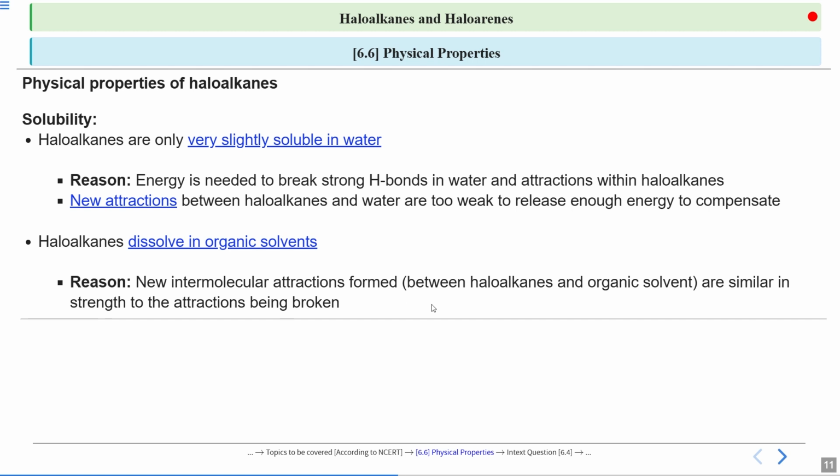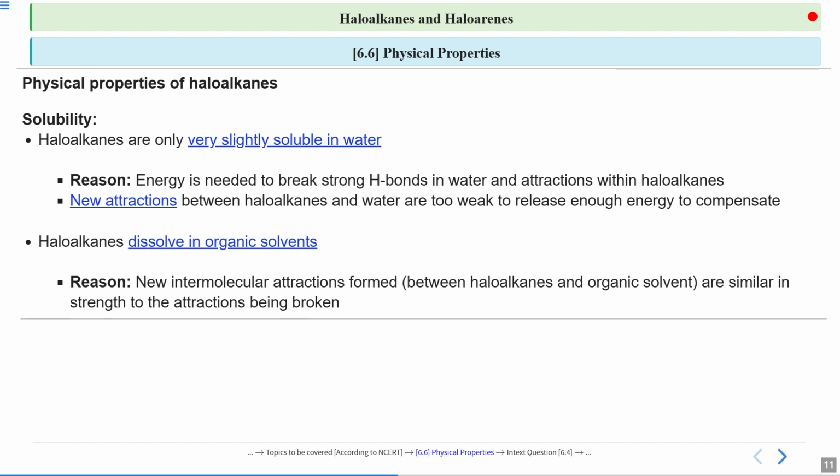So, due to this compatibility, it leads to good solubility of haloalkanes in organic solvents. This is the main reason why haloalkanes dissolve well in organic solvents, because the attractions in the organic solvents and the new attractions that form between the haloalkanes and the organic solvents are similar.